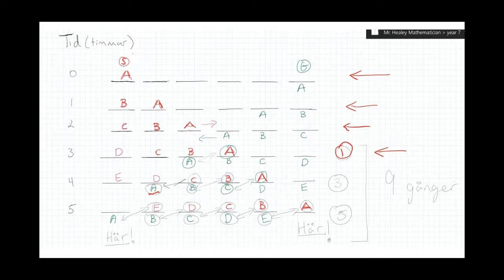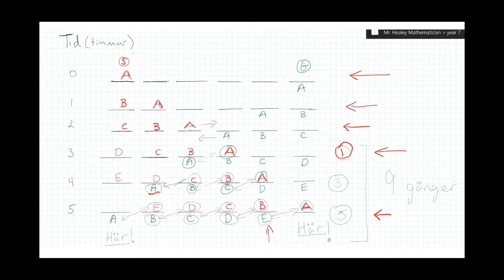Now we reach our 5th and final hour. And a lot has happened here. We notice that train A from Stockholm has arrived in Gothenburg. And you can say the same about the train that left Gothenburg, and it has arrived in Stockholm. And we can see that train A has passed train E here. So that's one time that the train from Stockholm has met a train from Gothenburg.